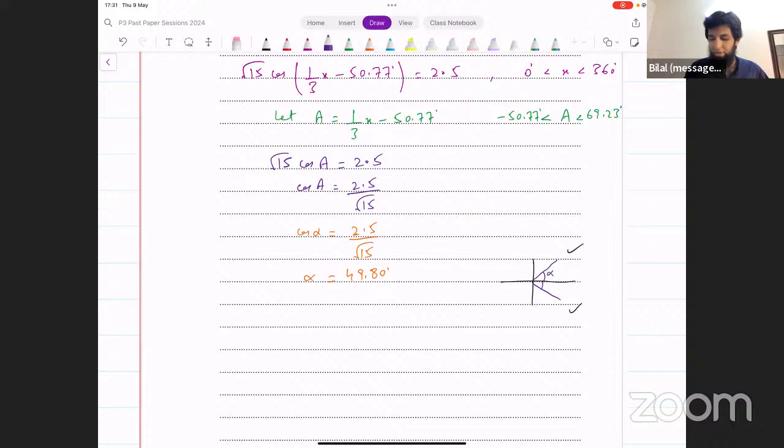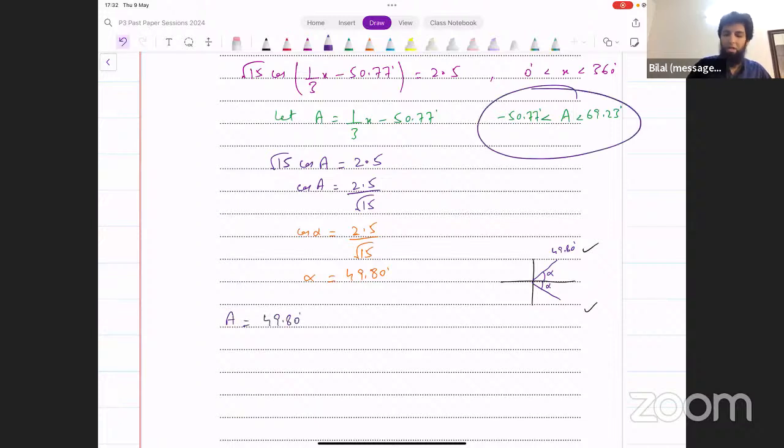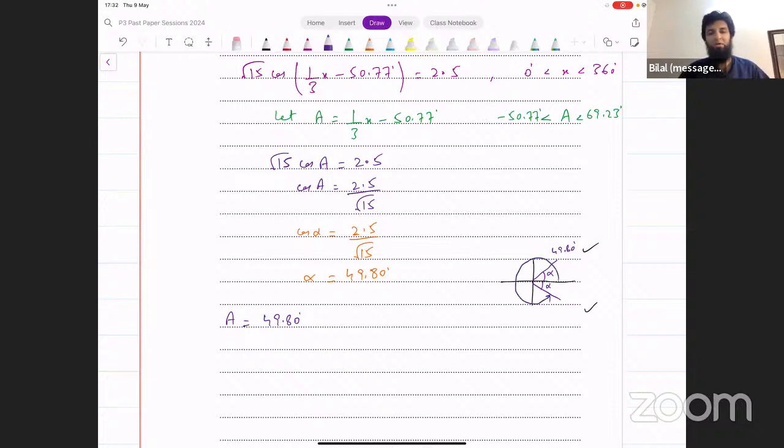Now, are both of these in the interval? Let's think about this. On the upper side, we have this angle as 49.80. So one possible value for A that we get is 49.80. That falls inside this interval. Now we can go all the way here, but that's going to be outside the interval. It's more than 69.23.